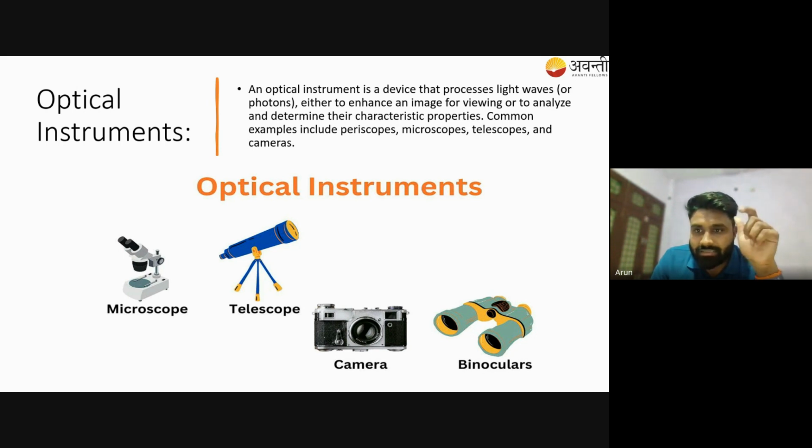That minute information we can observe from this telescope, not from the simple one, but the advanced version that NASA is using. Capturing an object which is far more distance away from us is only possible because of this telescope. Okay, so these are the basic features of these optical instruments.